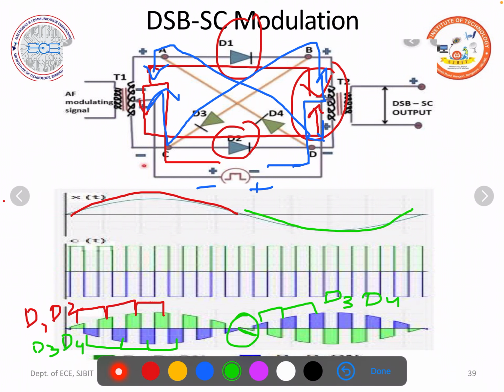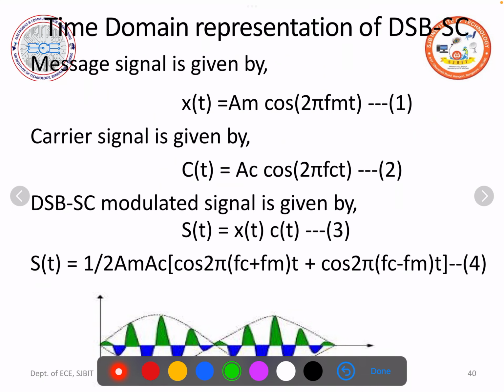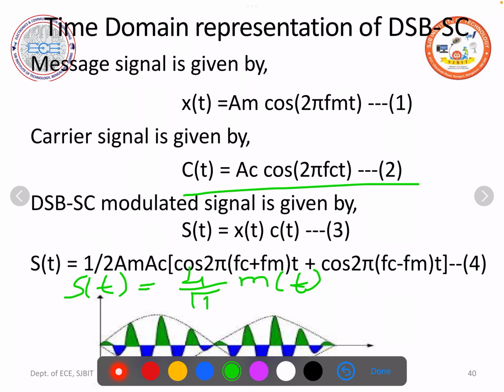So in the ring modulator, the carrier wave is represented as a square wave, and you have an equation for c of t. That is the general equation, but specifically, DSBSC equals 4 by pi into m of t into cos 2 pi fc t.